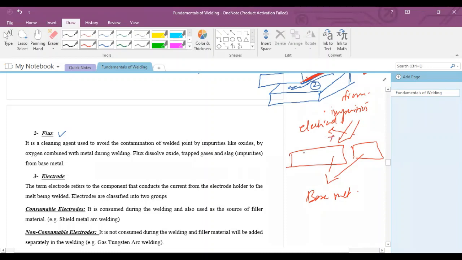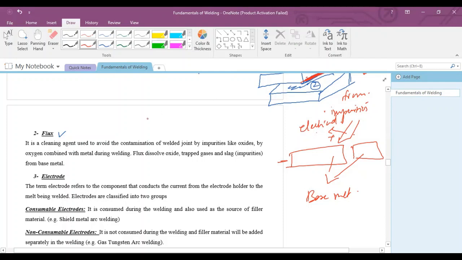This electrode is the positive anode, and this base metal is the cathode, right? Due to polarity, an electric arc will be created when this electrode comes in contact with this base metal. The arc will generate heat, and this heat is used to melt the base metal. When the base metal melts, they fuse together and form a joint.